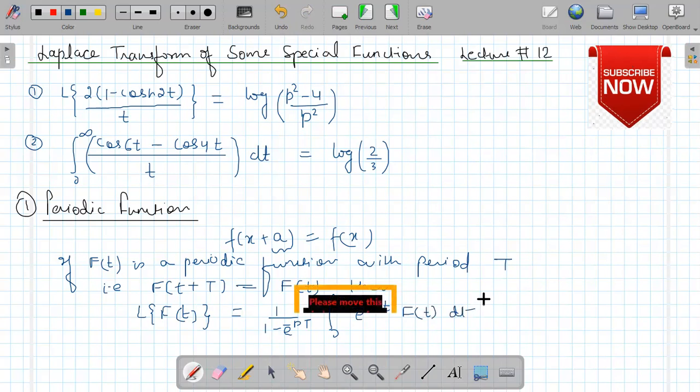So this is a formula for finding the Laplace transform of a function which is periodic in nature.